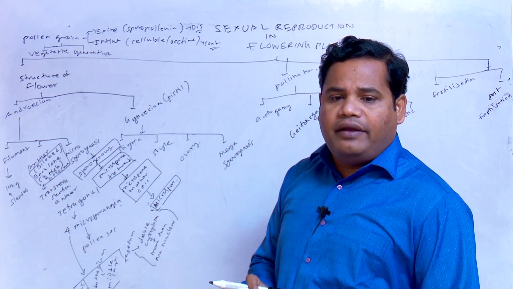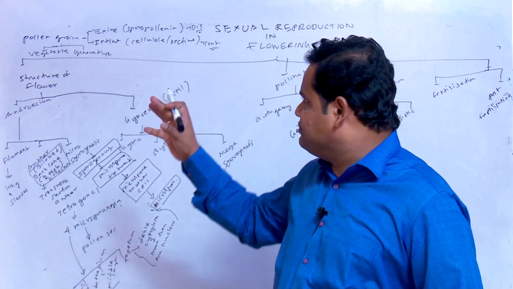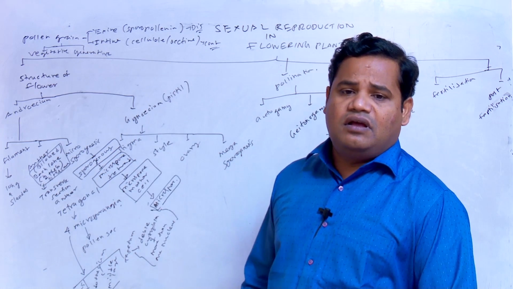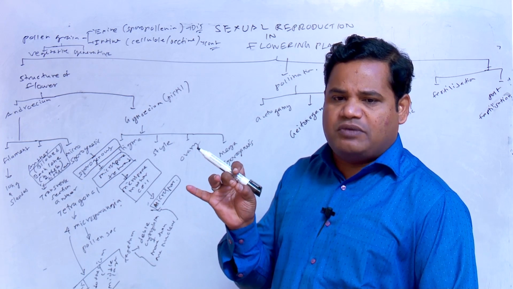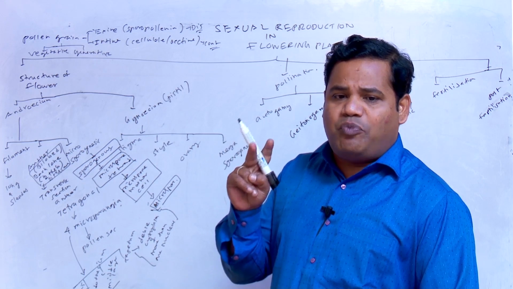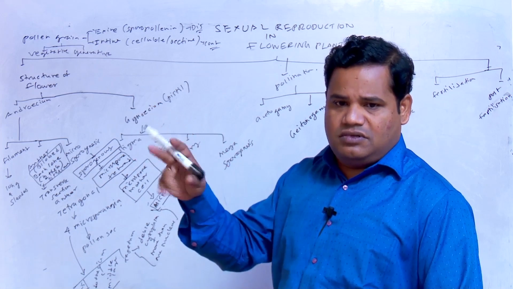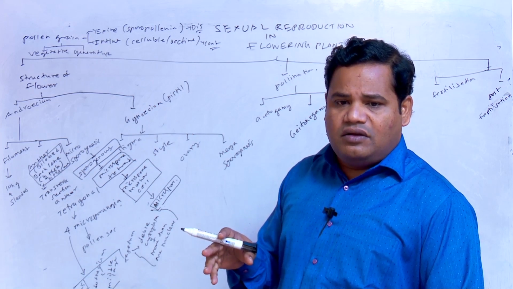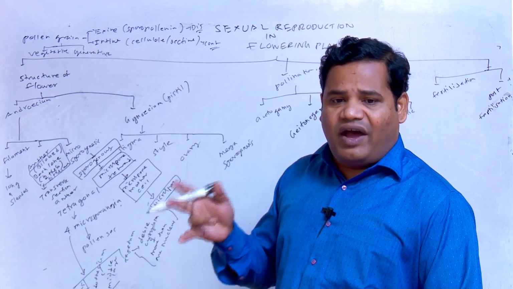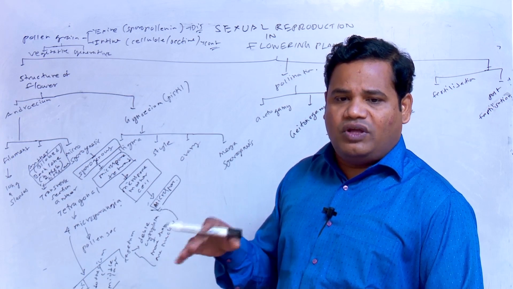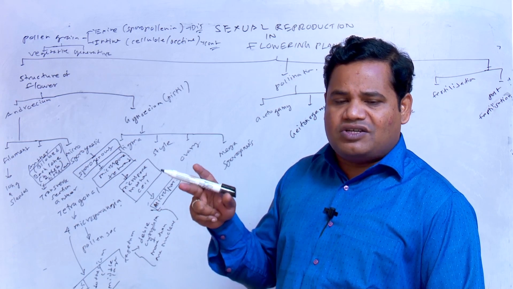And coming to this particular formation, in 60% of angiosperms, the pollen grains are shed at the two-celled stage. In others, the generative cell divides mitotically to give rise to two male gametes before pollen grains are shed.